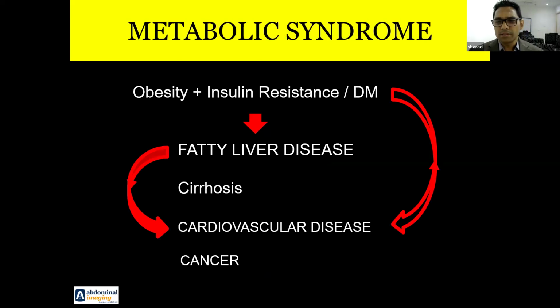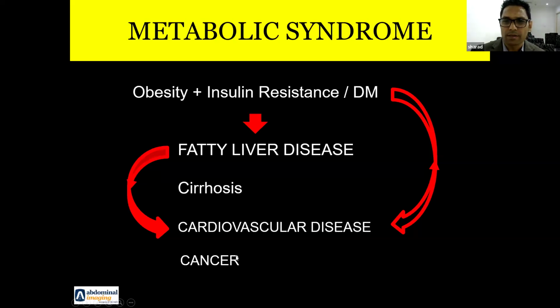And insulin resistance and diabetes are linked; it is multifactorial, affecting multiple systems. So diabetes leads to cardiovascular disease. It leads to fatty liver disease. Fatty liver disease itself promotes cardiovascular disease, and then there is an increased incidence of cancer.